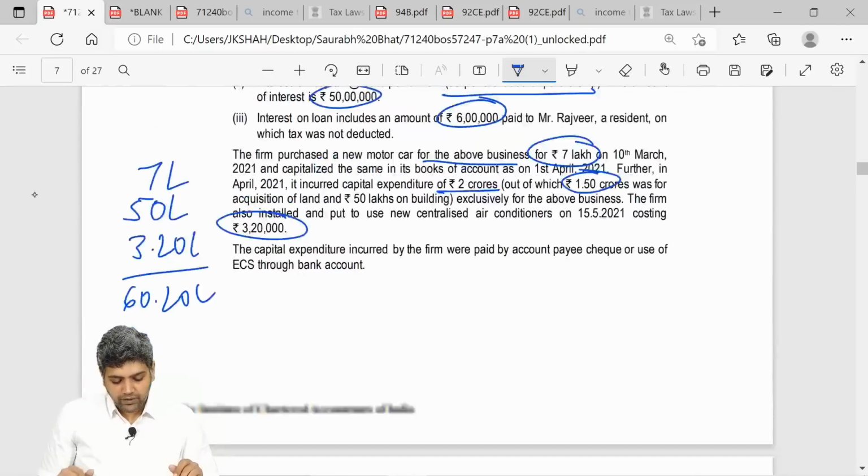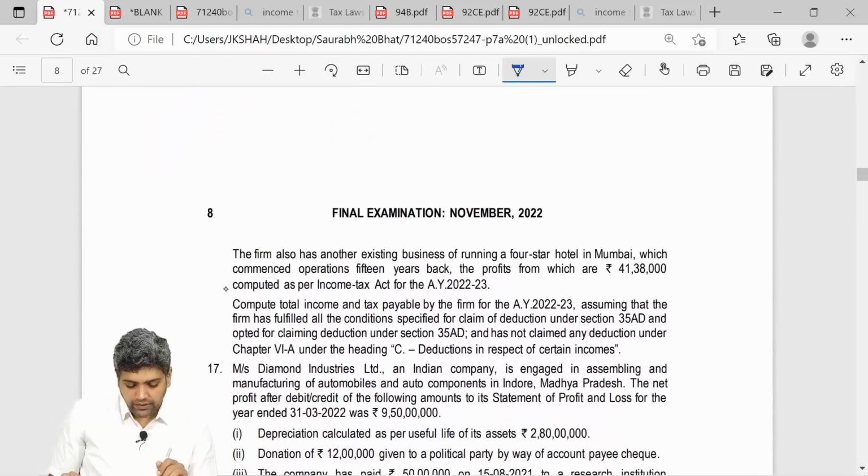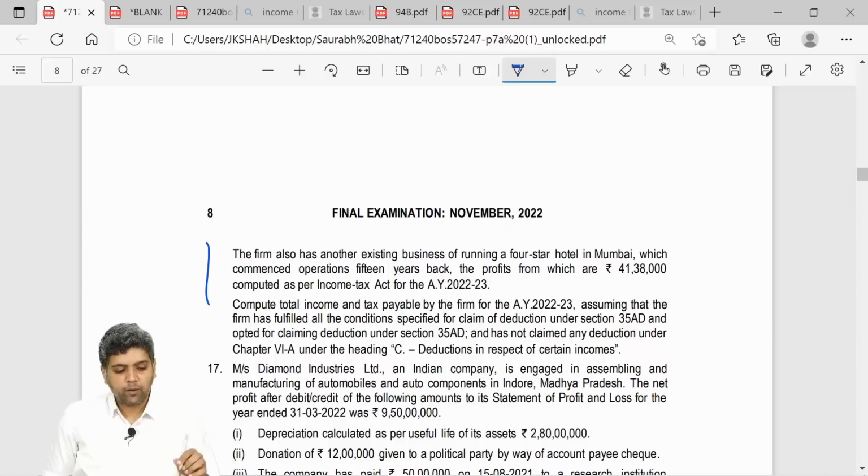Now friends, they have told us over here that the assessee firm is also conducting another business of running a 4-star hotel which commenced operations 15 years back. Now please understand friends, as per section 73A, if there is a loss from specified business, then it can be set off only against any profit of specified business.